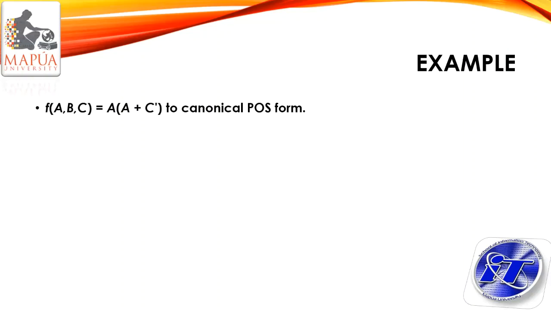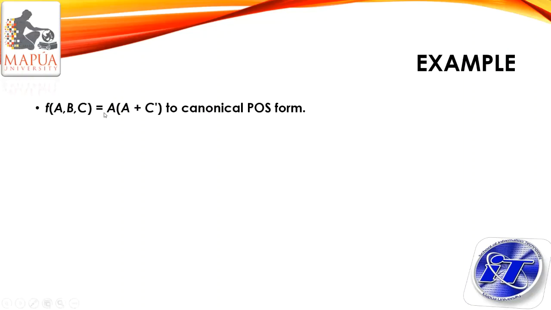So for the first term, two variables are missing. For the second term, we're missing one variable. So therefore, for the first term, 4 terms will be derived. Second term, 2 terms will be derived.